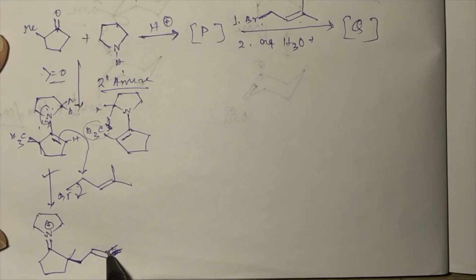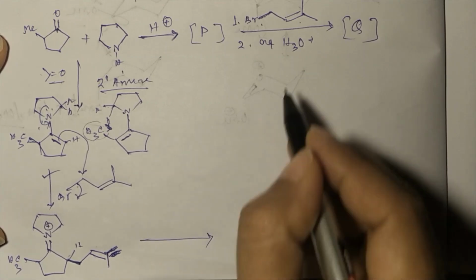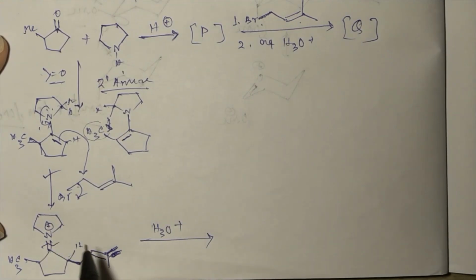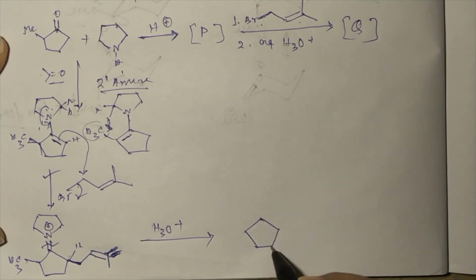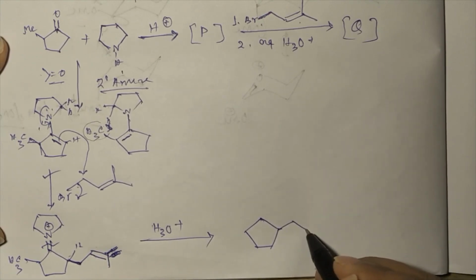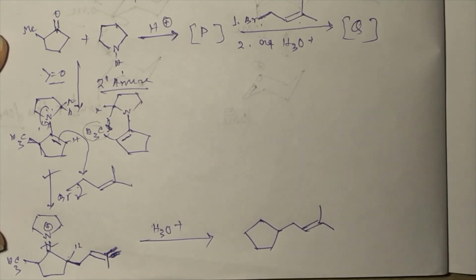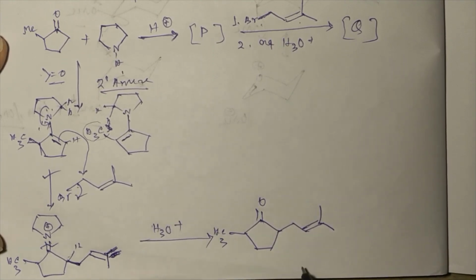Sorry, here one CH3 is there. Now if it is hydrolyzed with dilute acid, then this bond will cleave and it will convert to a carbonyl. So this will be the product.